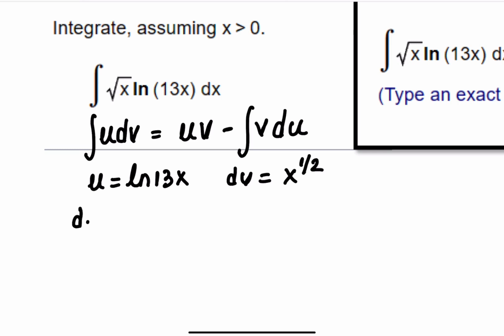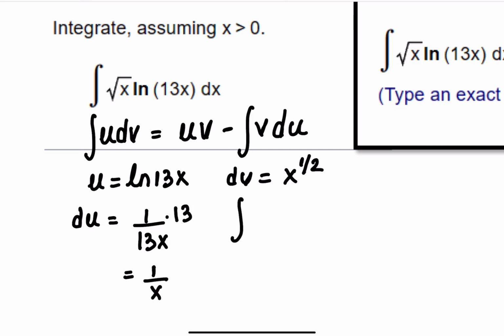Your next step is to find your du. The derivative of ln is 1 over x, and the derivative of 13x is times 13. So this one simplifies to 1 over x. Do not forget your derivatives.